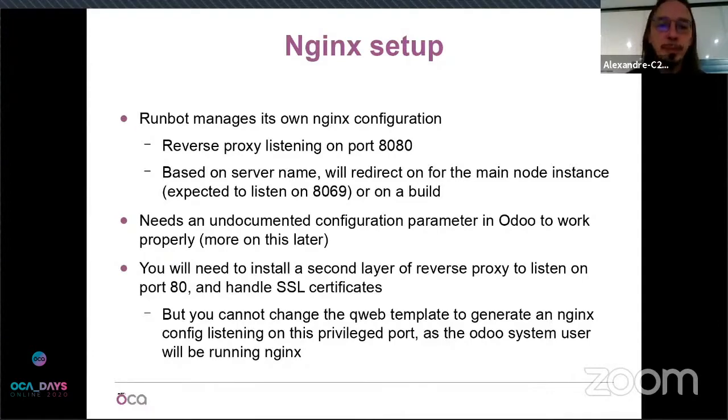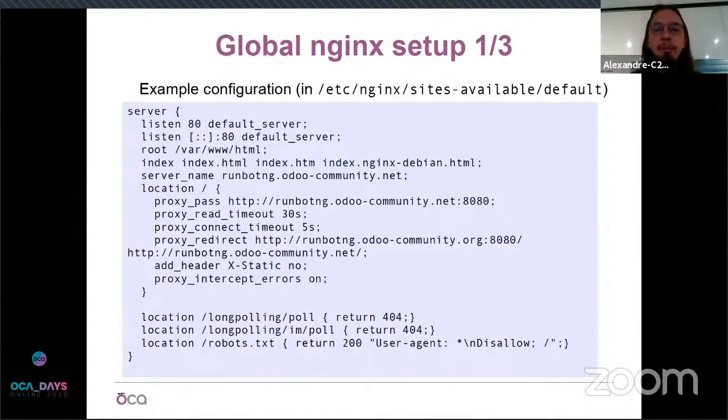I mean, the best way is to have your own Nginx set up for this part of the reverse proxying. So globally, what I did in my demo, I edited the default site because I was lazy. The default reverse proxies port 8080. If you want to copy this, you obviously need to change the DNS here.